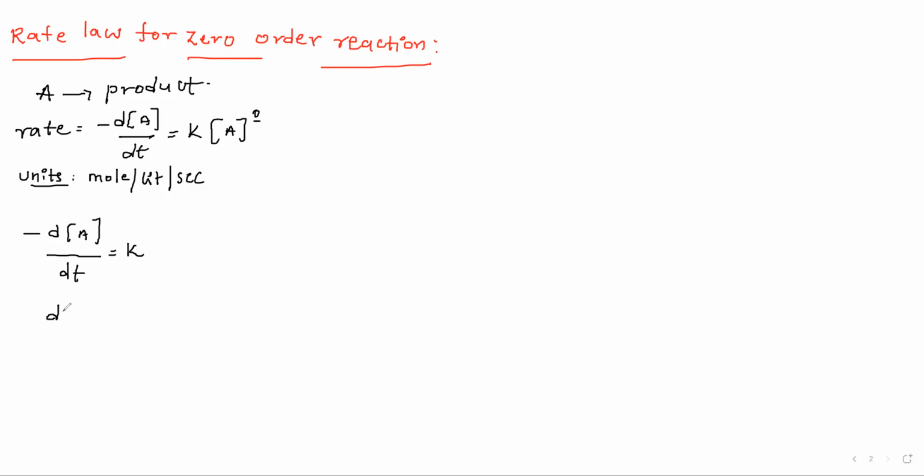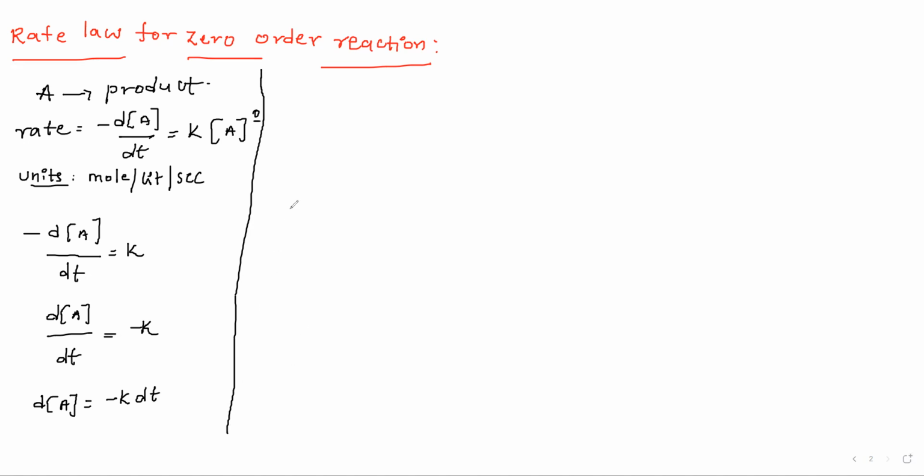We can write this as d[A]/dt equal to minus K. Then d[A] is equal to minus K dt.